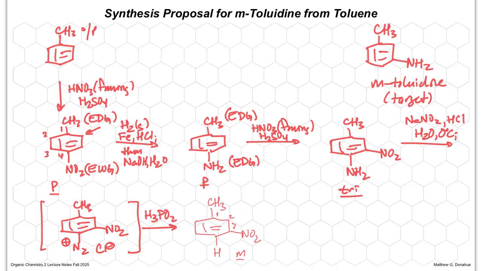And then now we need to do a reduction of nitro to amino to end up with our target. And so for this time, we'll use tin dichloride.